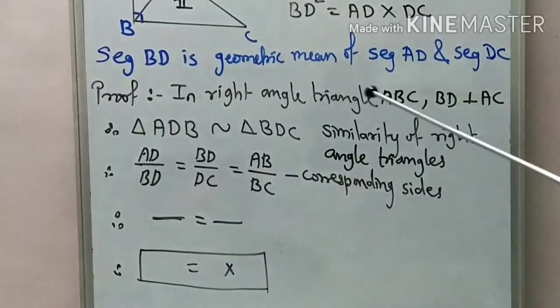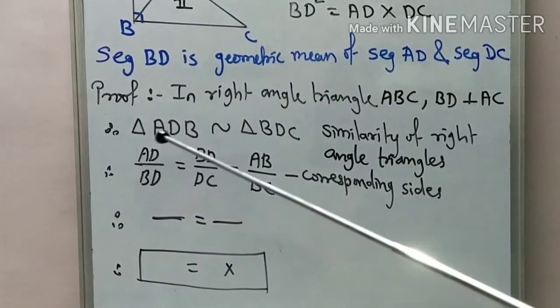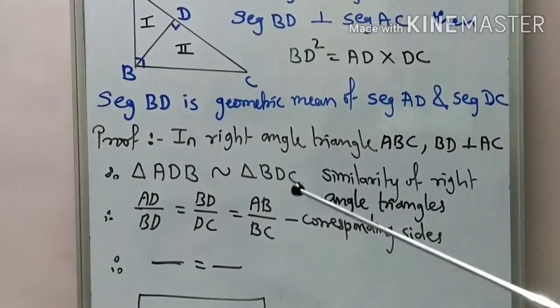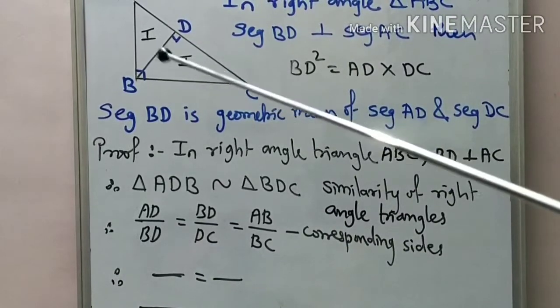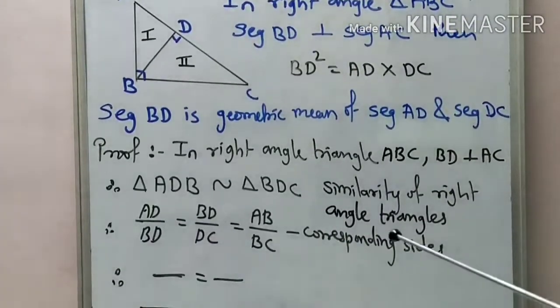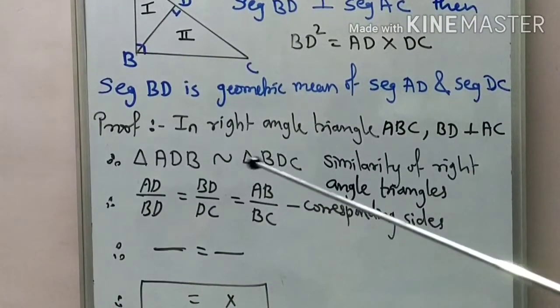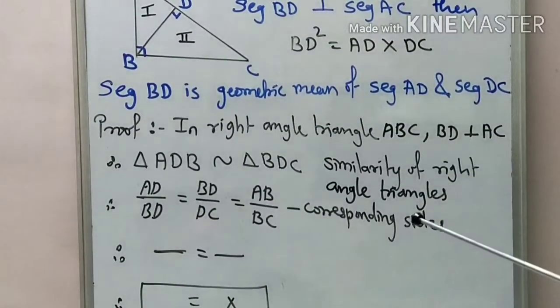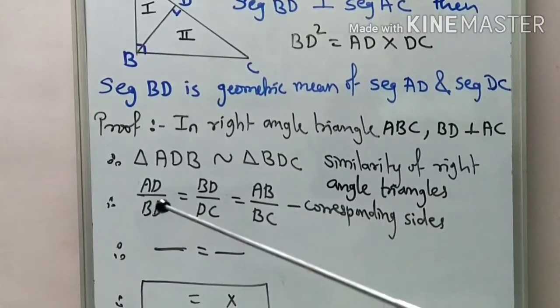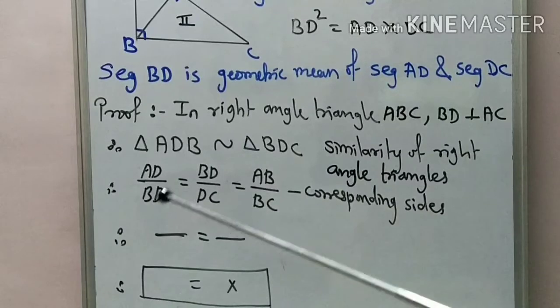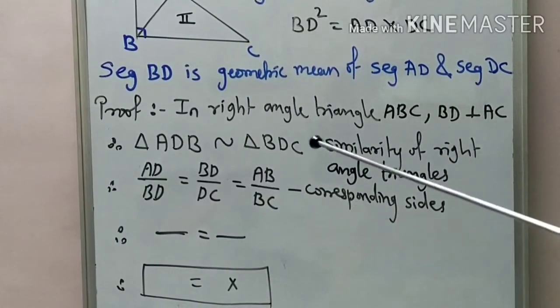Like this. Okay, so we can directly say that triangle ADB is similar to triangle BDC, the two triangles formed are similar to each other by similarity of right angle triangles, and therefore if two triangles are similar, corresponding sides are in proportion. So here we write AD corresponding side is BD, so AD upon BD is equal to DB upon DC.